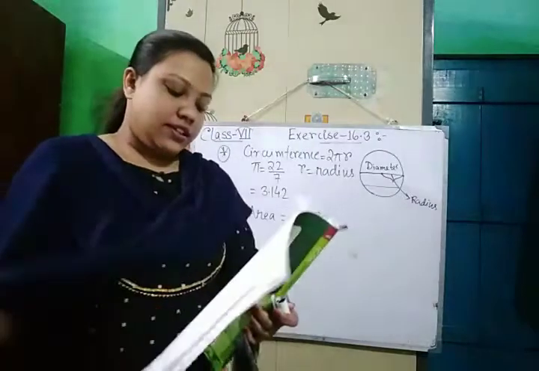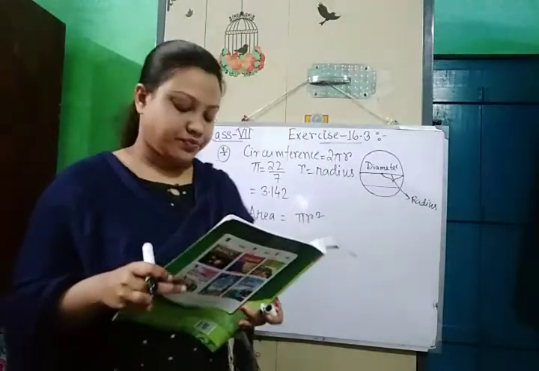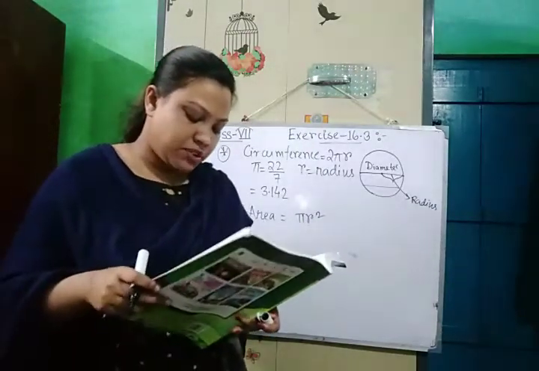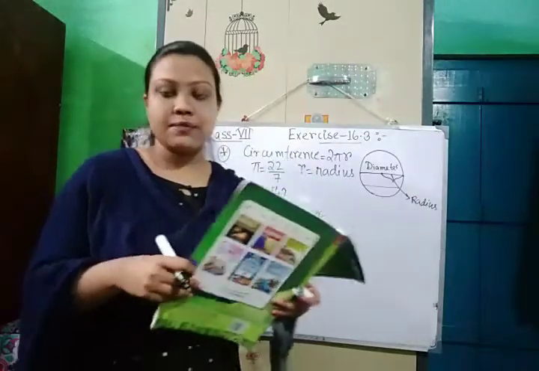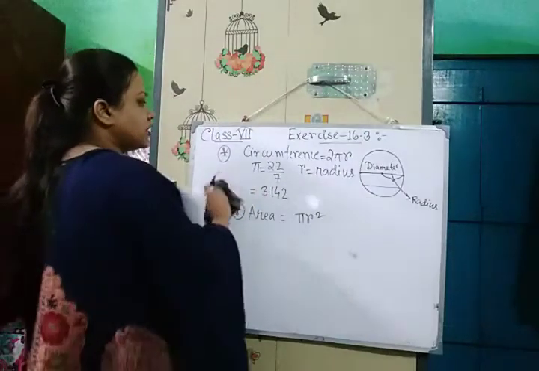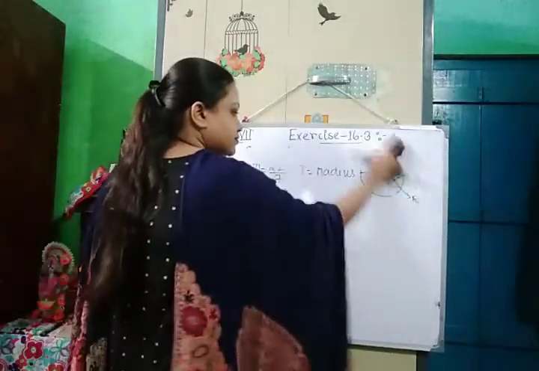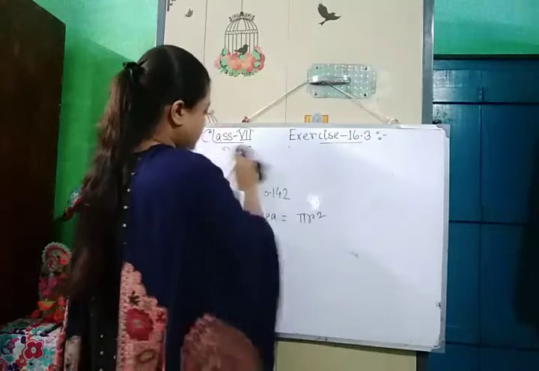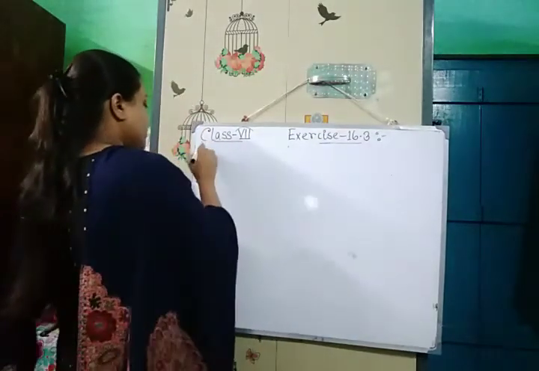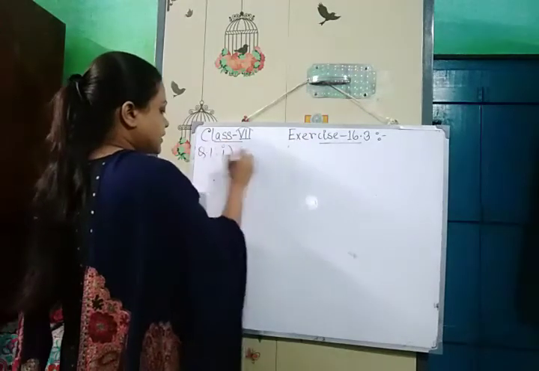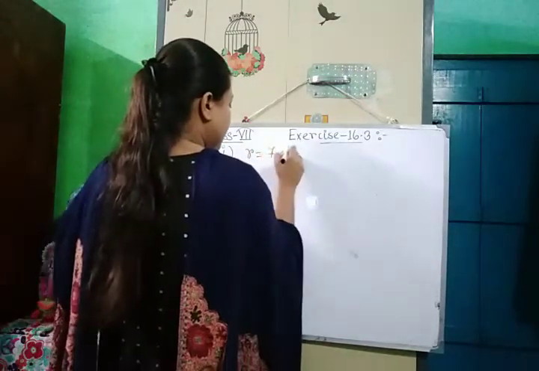So now we will start exercise 16.3. Question number 1 is find the circumference of the circle with the following radius. Roman 1: radius r is given as 7 cm.